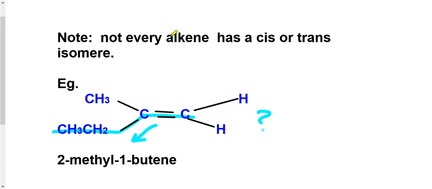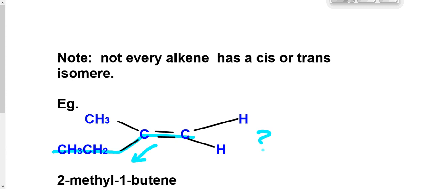Also, where there is equal possibility of having a cis-trans isomer, I would also not use a cis-trans isomer prefix. So for example, if I have my double bond, and I'm going to go up on this side, up on this side, and I'm going to put what looks like a branch right here.